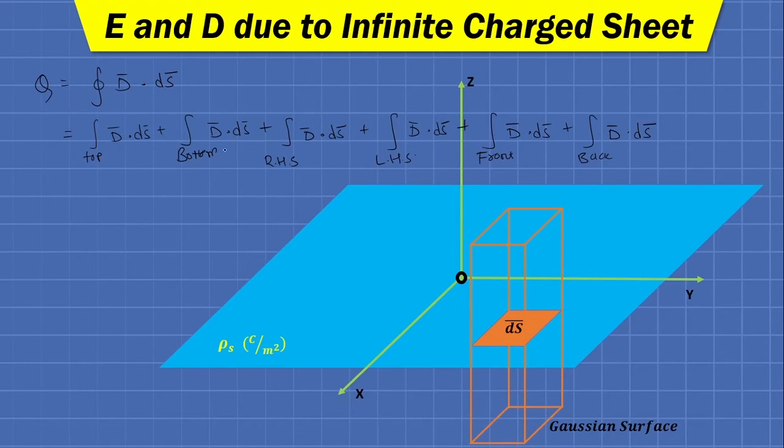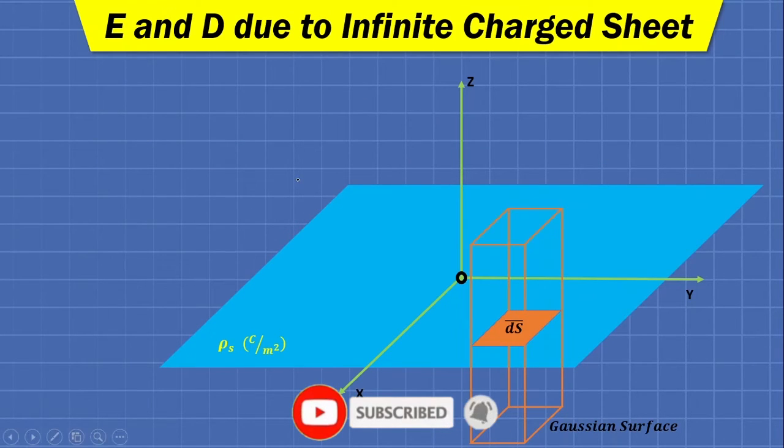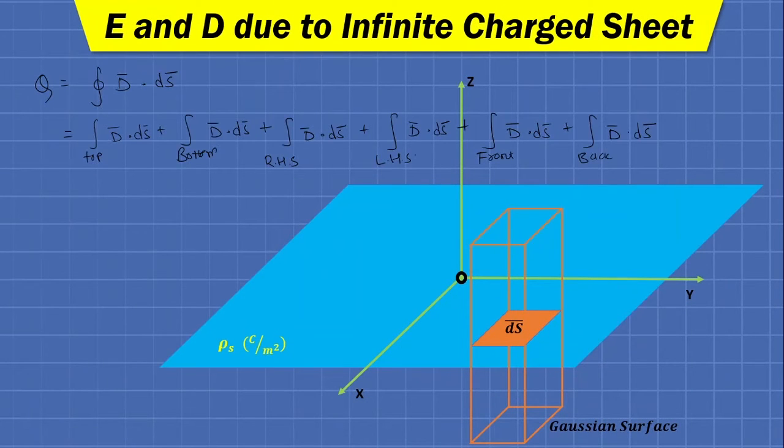Now, except for the top and bottom surfaces, all these 4 integrations turn out to be 0. Why? Because the angle between D bar and dS bar is 90 degrees, and due to the 90-degree angle this dot product will be 0.